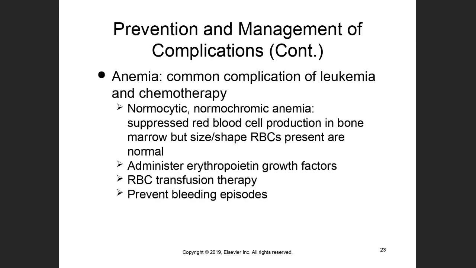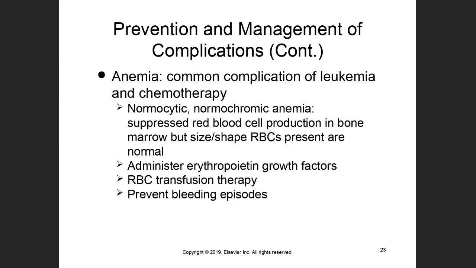Anemia, common complication of leukemia and chemotherapy. Of course, remember one of the main side effects of chemotherapy is bone marrow suppression, and if you suppress the bone marrow, you don't produce red blood cells, and then you develop anemia. Okay? Also, the disease by itself, because chronic diseases produce anemia, okay?